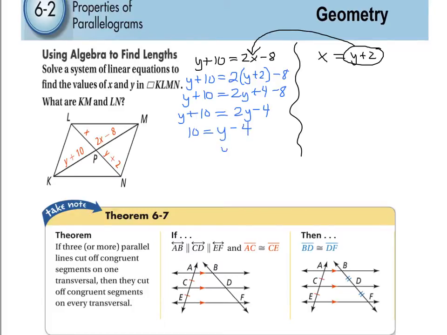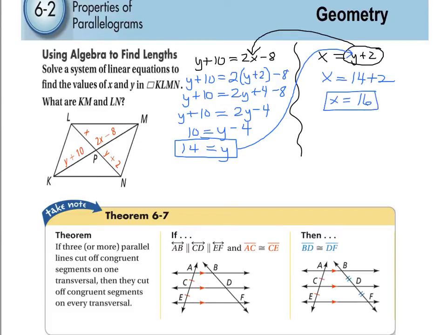Then if I add 4, y is going to equal 14. Now that I know the value of one variable, I can substitute it back in for y. So x equals 14 plus 2, and x is going to equal 16. Now I have a value for x and y.